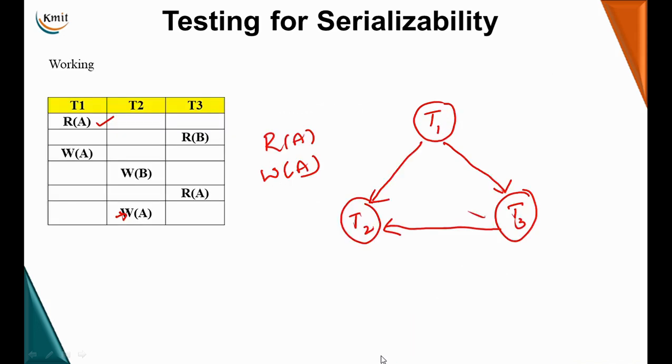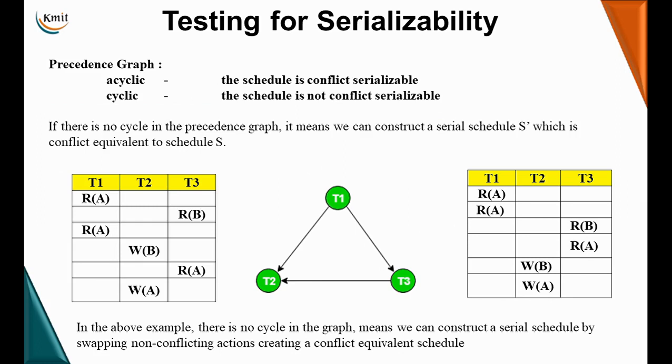Now, what is the conclusion based on the precedence graph? The conclusion says, if there is a cycle or a loop in the precedence graph, it is not conflict serializable.